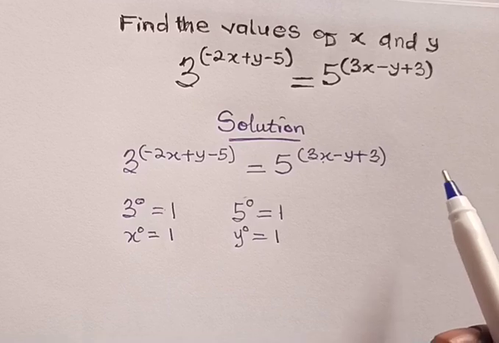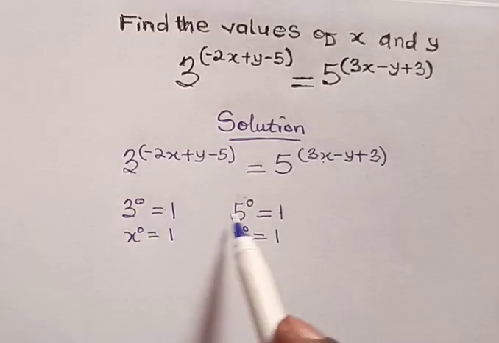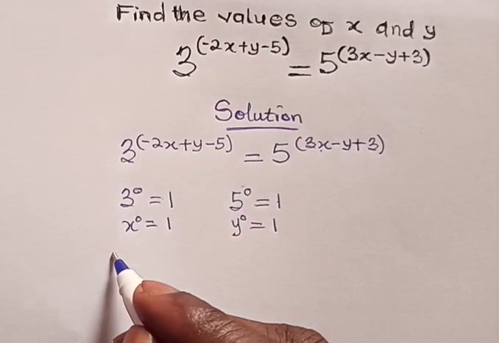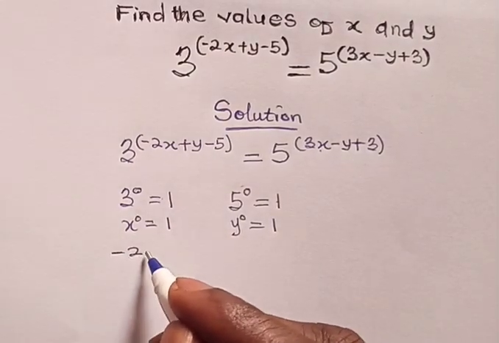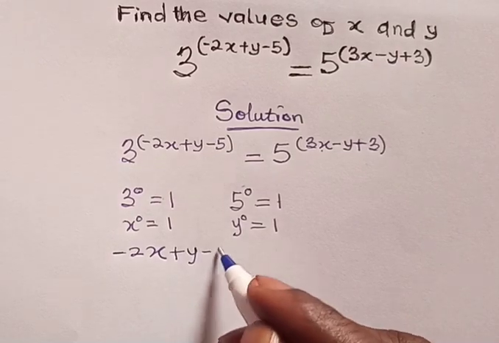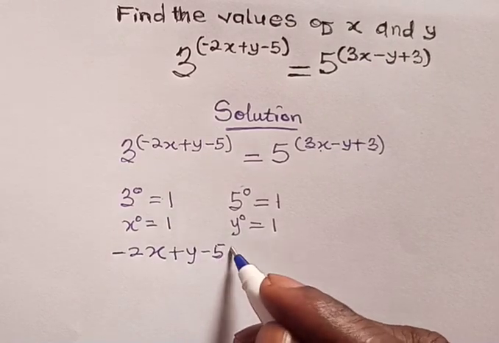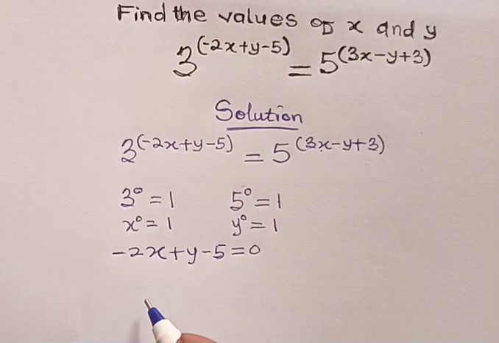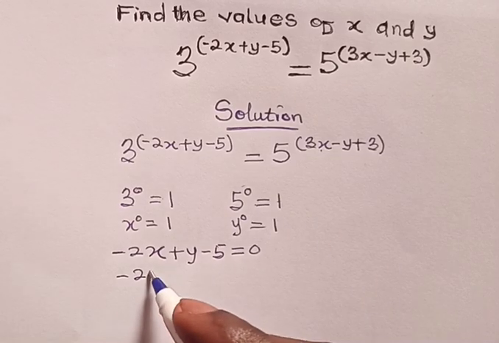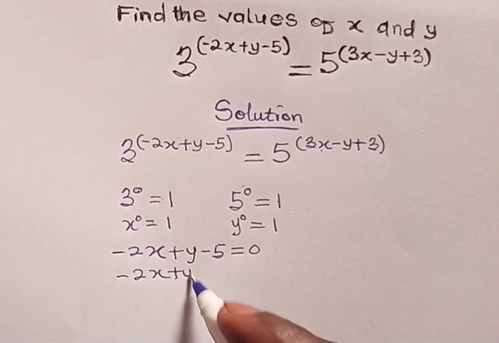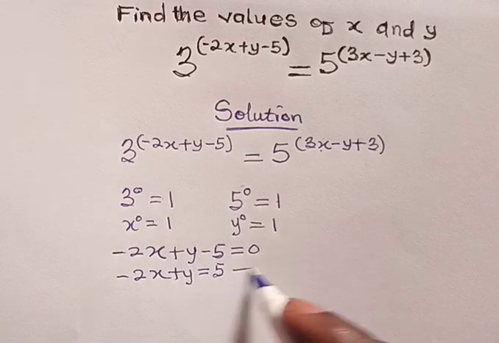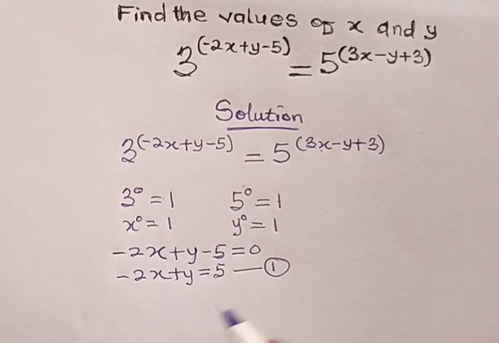So if we understand this, then we can easily write negative 2x plus y minus 5 is equal to 0. Then we can rewrite this as 2x plus y is equal to 5. Now let's call this equation 1.